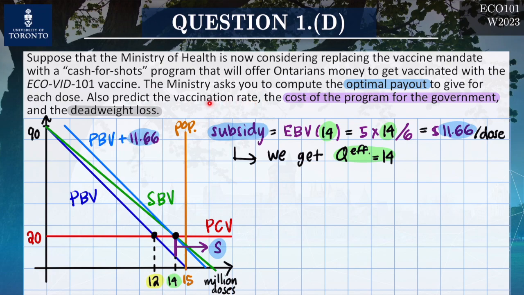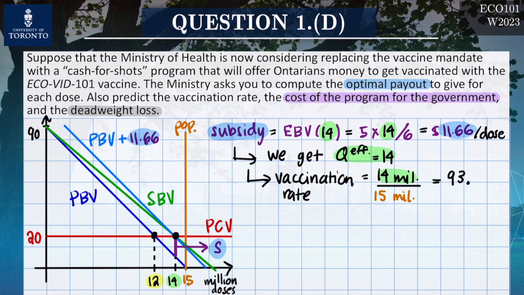But of course, what we want is the vaccination rate. But this should be pretty simple as well because we have the population. So we're saying that with this optimal subsidy, 14 million people are going to be vaccinated and the entire population is 15 million people. So with the optimal subsidy, we get that 93.3% of the population gets vaccinated. So as you can see in this case, it is not necessarily 100% of the population being vaccinated that is most efficient.